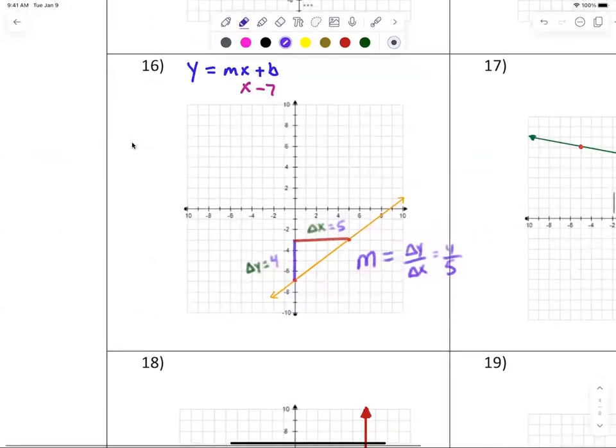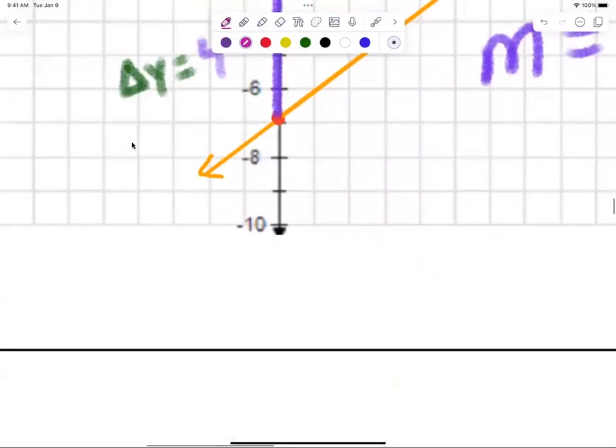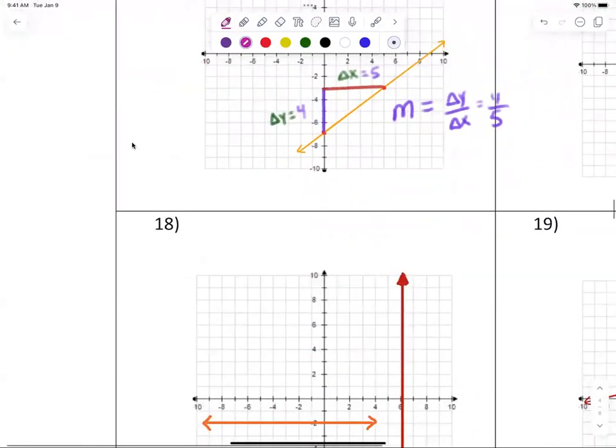So now we know our equation is y equals 4/5 x minus 7. Beautiful. Yes, sir. Is the y-intercept -7 or +7? You tell me. -7. Thank you, Peter.